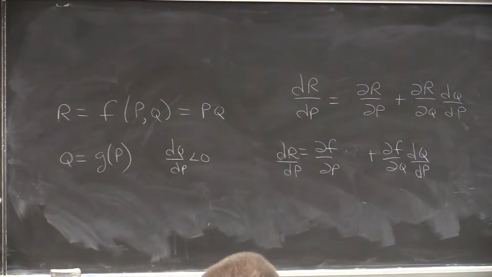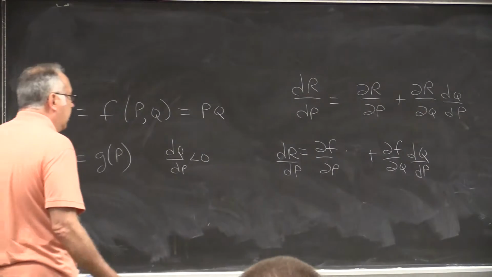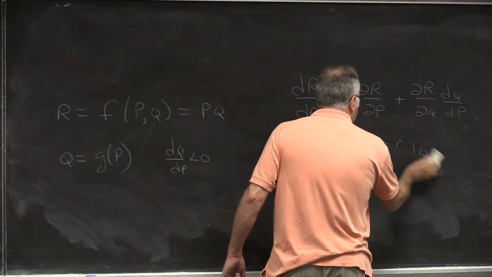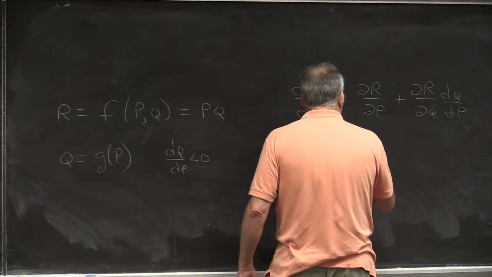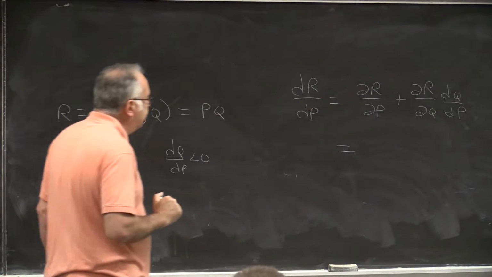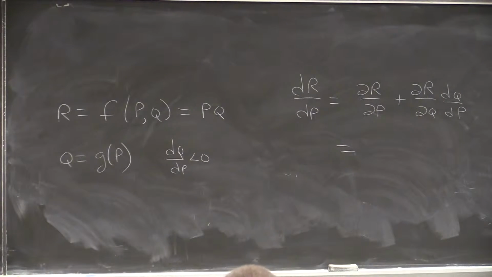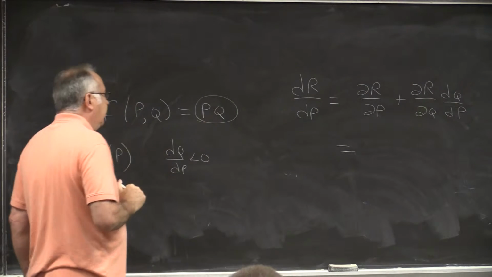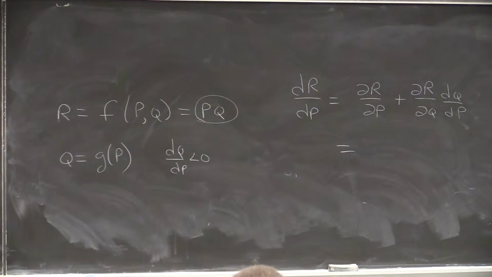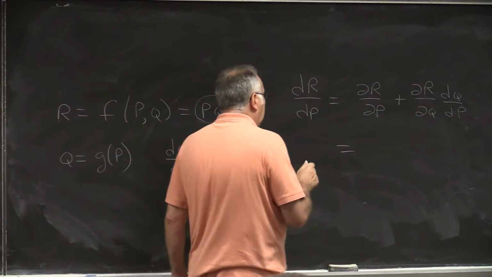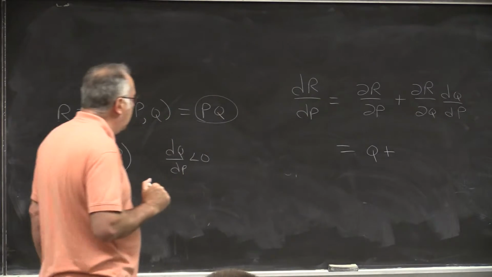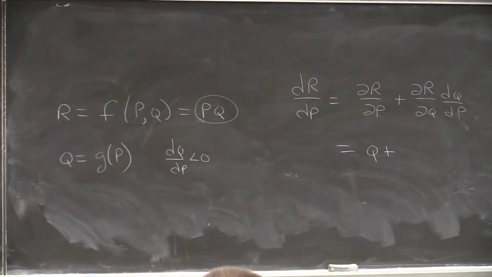Okay. So let me take this a step further. What is partial F? What is partial R, partial P? Q. Yes. Look at this right here. If you differentiate that with respect to P, then the coefficient of P is just Q. What is partial R, partial Q?